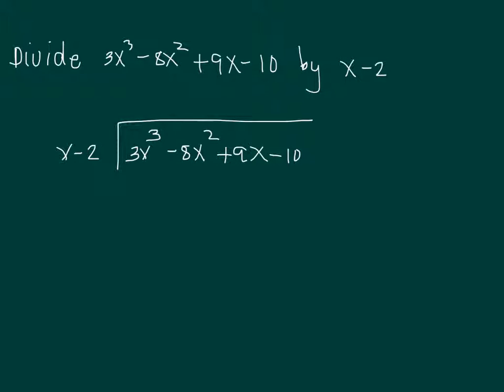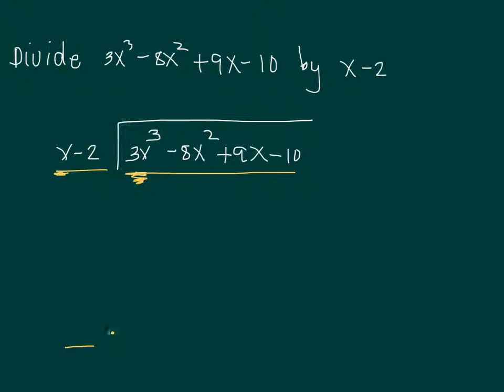The idea is you are trying to find something that you need to multiply x minus 2 by to create this. And the first terms will be the guide in looking for the quotient. Okay? So I want you to focus your attention on the first term of the polynomial and the first term of the divisor. So think of it this way.